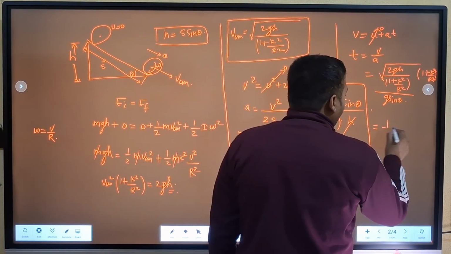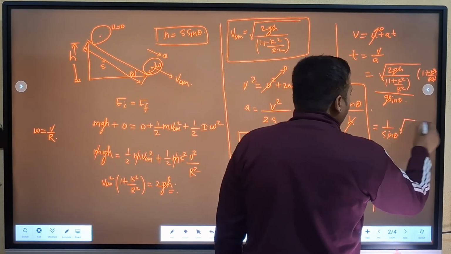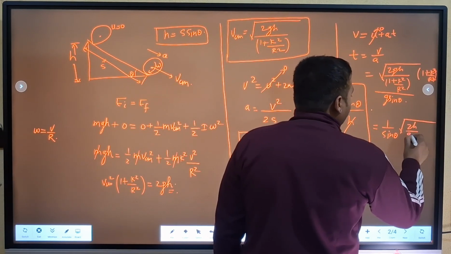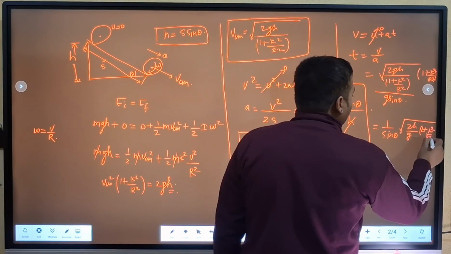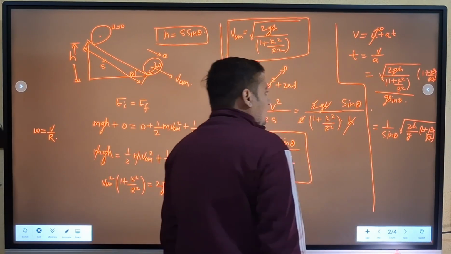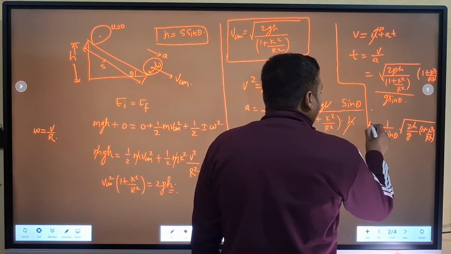Finally, time will be 1 by sin theta under root 2h by g (1 + k²/r²). So we calculated our fourth important term, which is time.